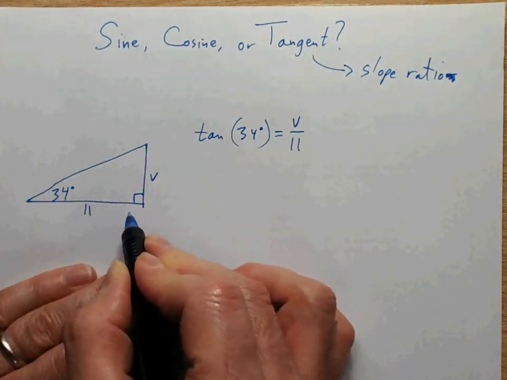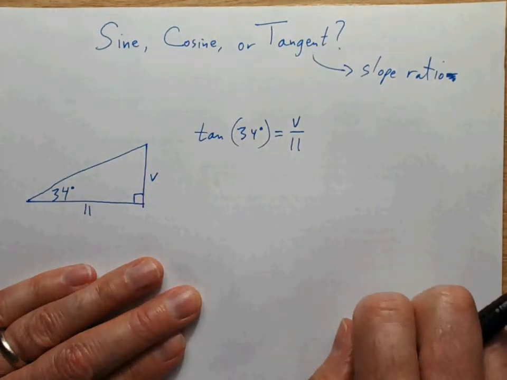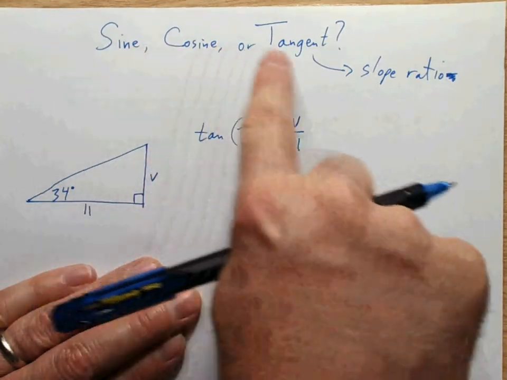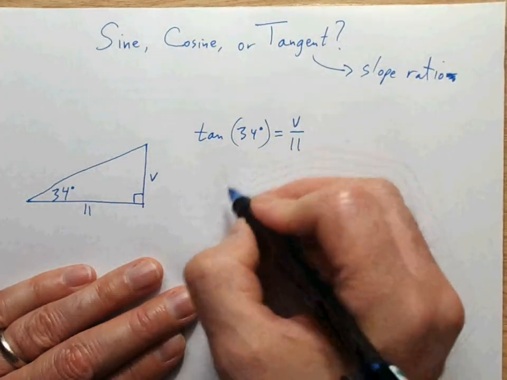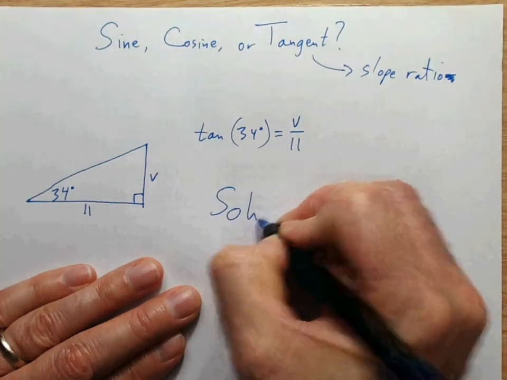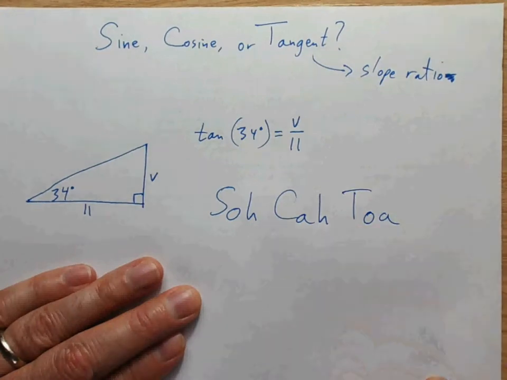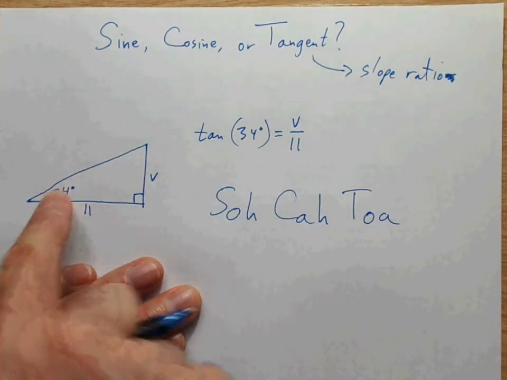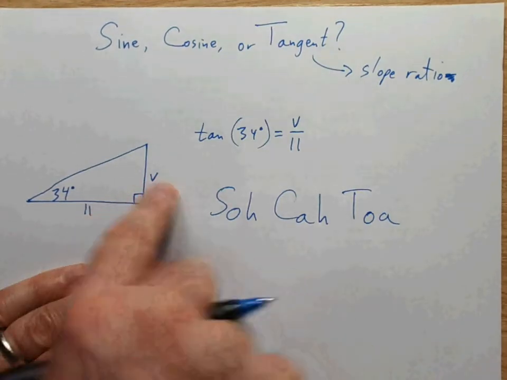Okay? Another way to think of it is a mnemonic device that you may have learned about, putting all three of these together, sine, cosine, and tangent. And the way that we remember that is SOH CAH TOA. Because whenever we have this angle, we can figure out what we have and what we want, ignoring that third side.